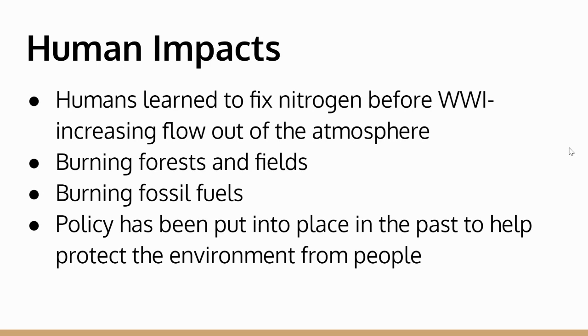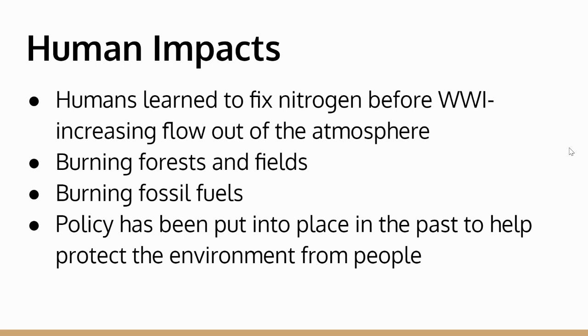By burning forests and fields and fossil fuels, we are also impacting the nitrogen cycle by releasing some into the air, or also by creating increased amounts in soils as opposed to trees. By burning forests and fields, we also don't have plants to hold that nitrogen anymore.